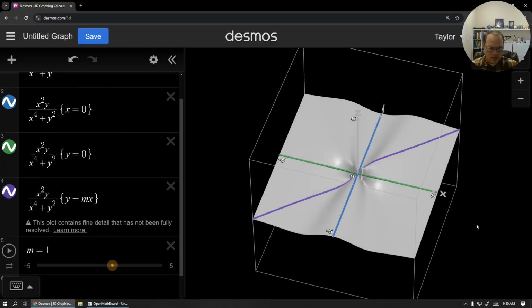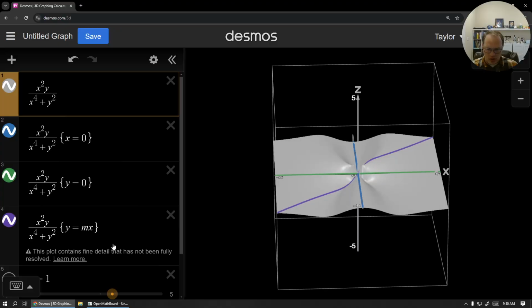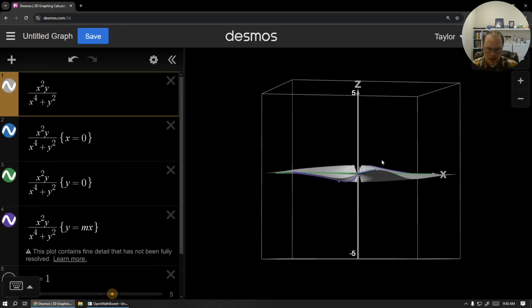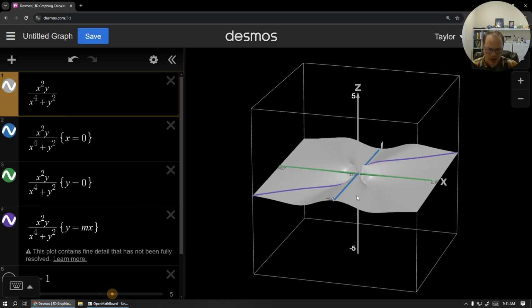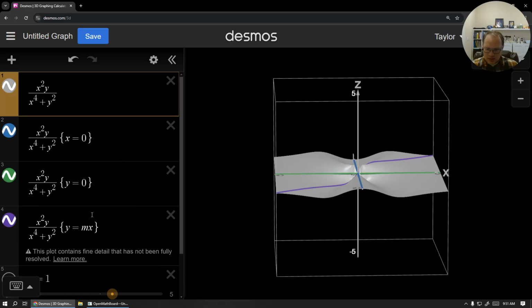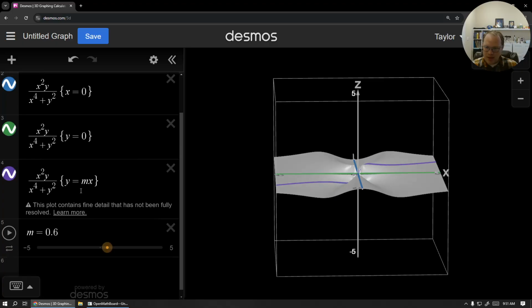Okay. And you can see that the path curves a little bit more. It's not just a straight line like these other paths are down the x-axis, down the y-axis. Goes up and down a little bit, right? But it does get back to the origin.